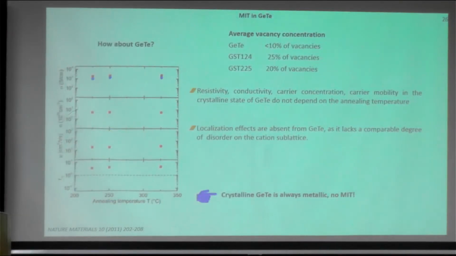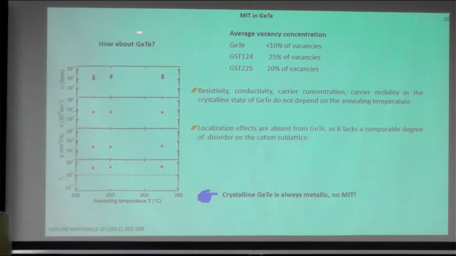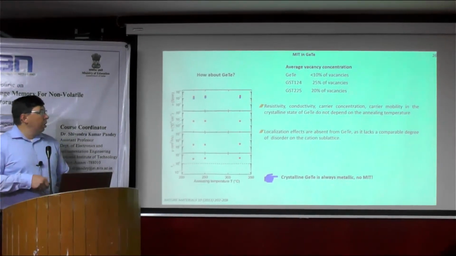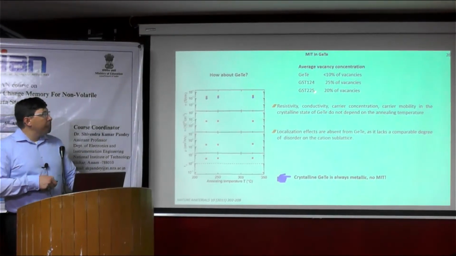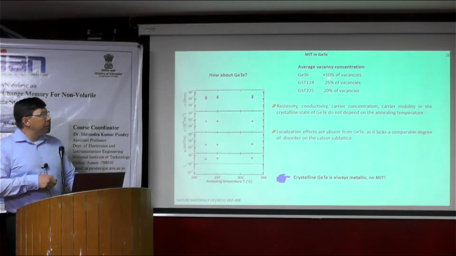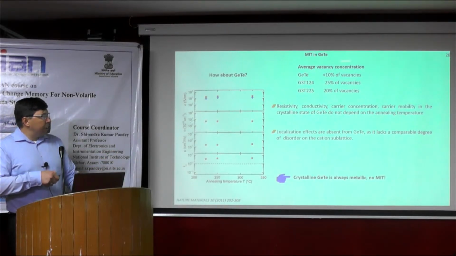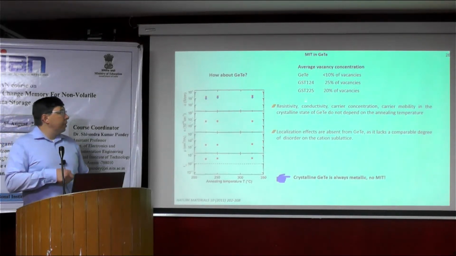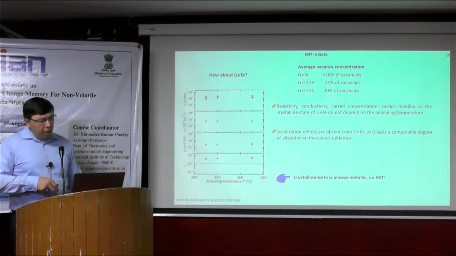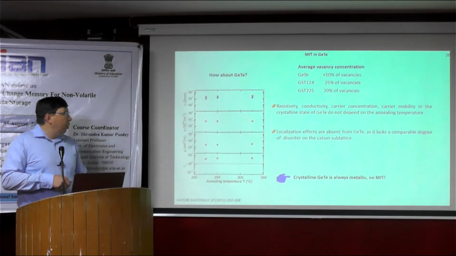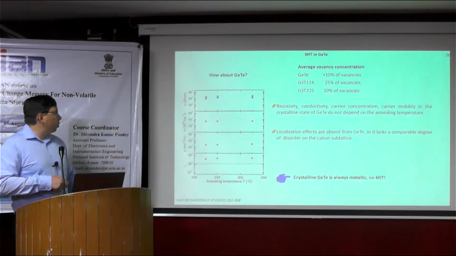But germanium telluride, this is another phase in this system, and it does not contain so many vacancies. If we consider different compositions, germanium telluride contains less than 10% of vacancies on the cation sublattice. This is in the crystalline phase. GST 1-2-4 contains around 25% of vacancies, and GST 2-2-5 contains around 20% of vacancies.